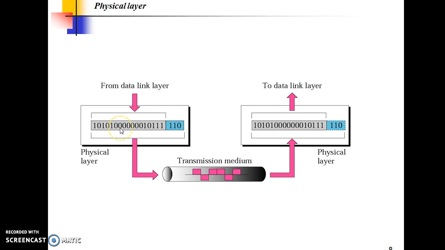It means all the data will be converted into bits. So at the source station, whatever data is passed from the data link layer to the physical layer has to be converted in the form of bits, and those bits will be transmitted through the medium or any communication channel. Then it will be given to the physical layer.